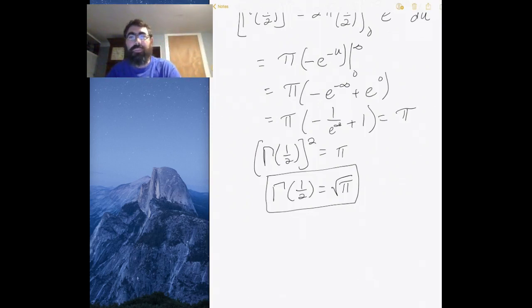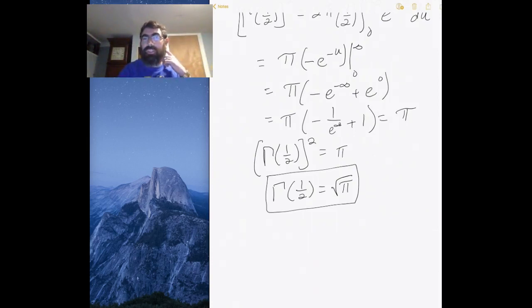Try and remember it, because gamma 1/2 is a good base to build up from and find gamma 3/2, gamma 7/2, gamma 15/2. We can build our way up with our recursion relationships with the gamma function. Also, it's a pretty simple one to remember. It's just the square root of pi.